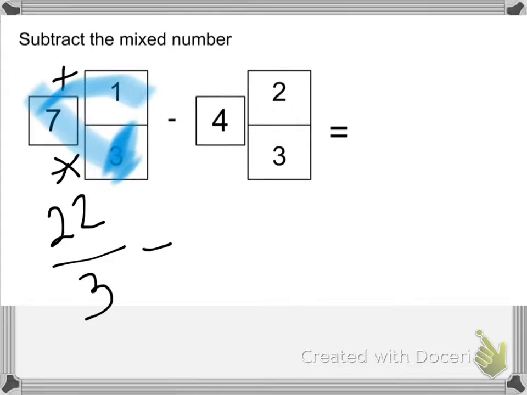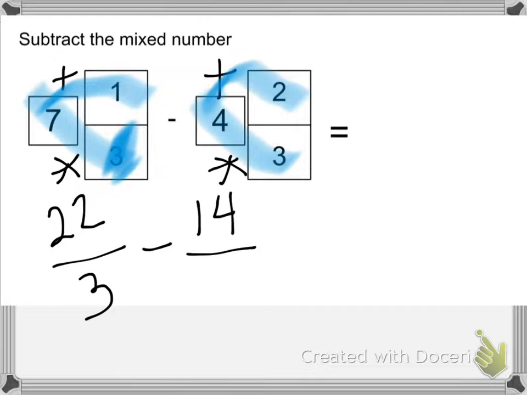Minus 4 times 3 plus 2. 4 times 3 is 12. Plus 2 equals 14 over 3.